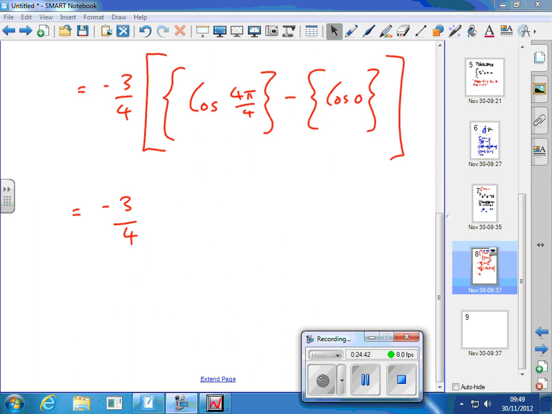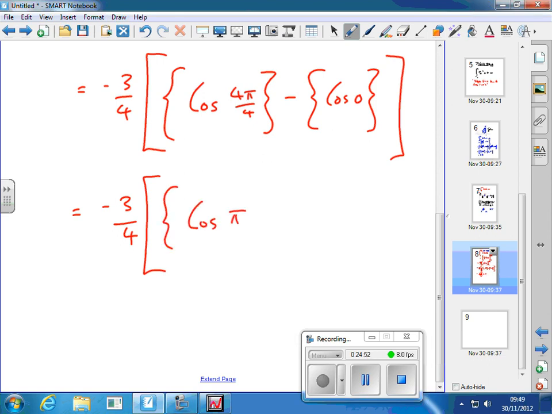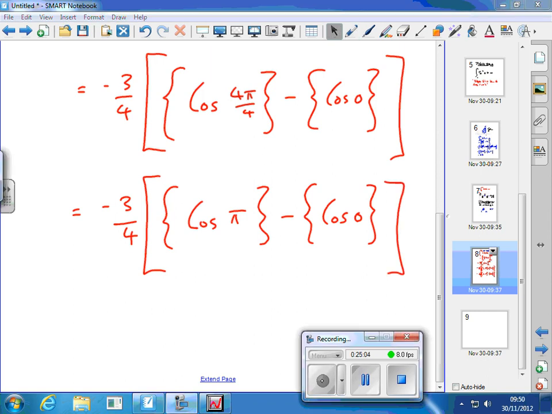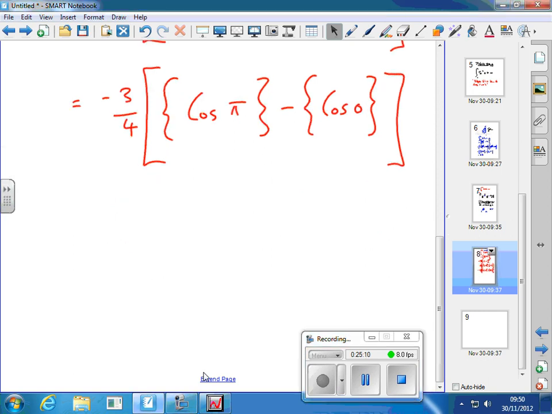So this equals minus 3/4 of cosine of pi, because the 4's have cancelled, minus the cosine of 0. At this point, you could get your calculator out and work it out. However, bear in mind this.